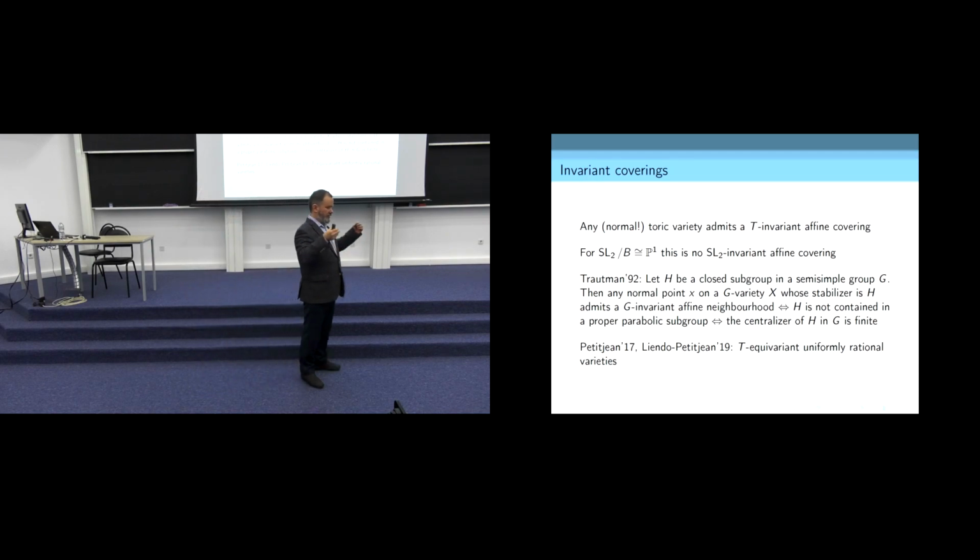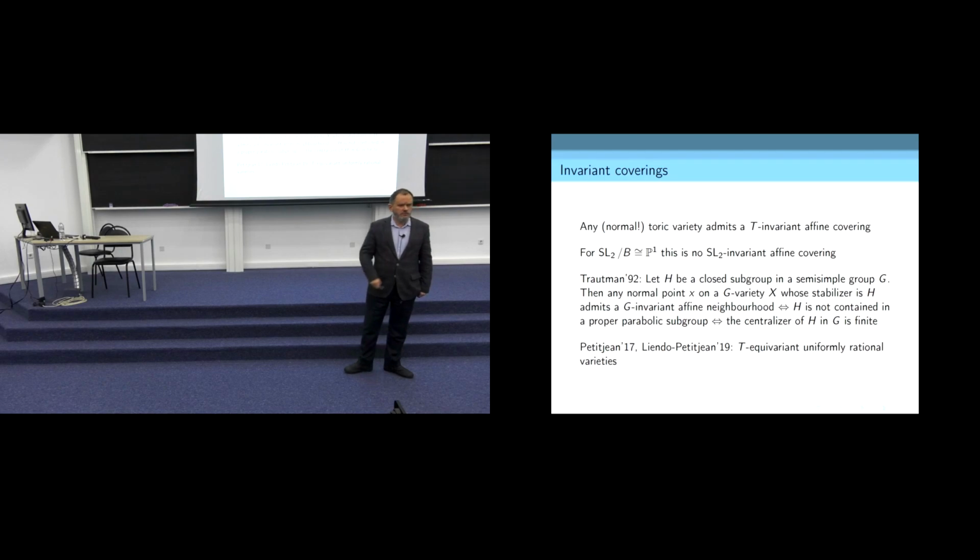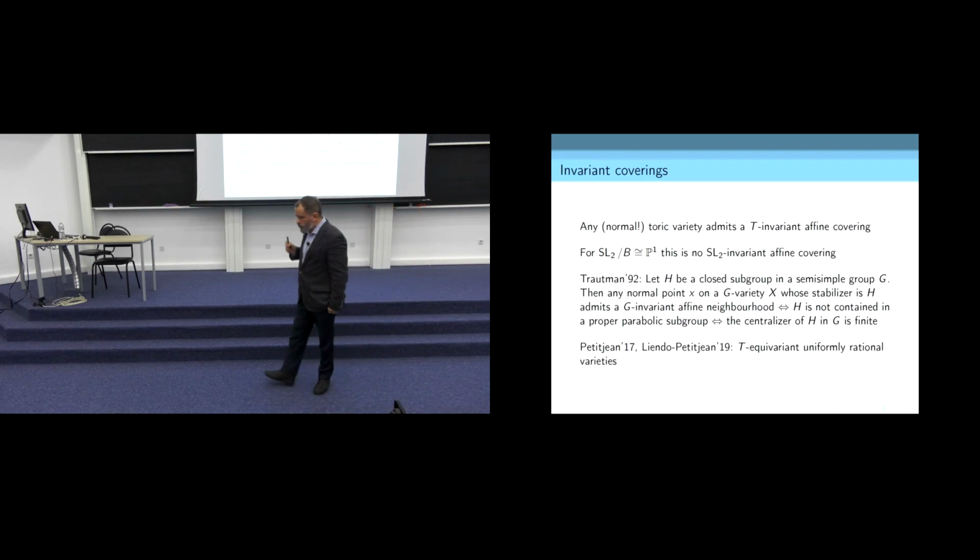Say you can take a projective line with a natural torus action. So there is an open toric orbit and 2 fixed points. And you can glue together these 2 fixed points. You will obtain a singular curve with a torus action and with just 2 orbits, 1 point and the complement. And in this case, there is no affine T-invariant covering. So normality is essential here.